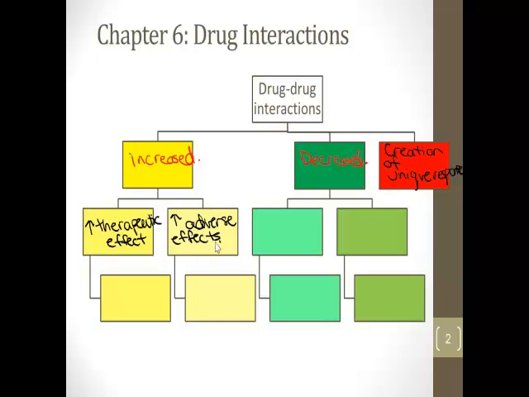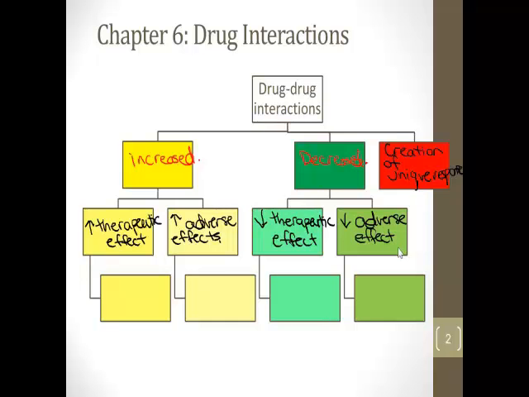All right, and you can appreciate that when the drug-drug interactions lead to a decrease in something, again it's the same thing. So it can either decrease the therapeutic effect, or it can decrease the adverse effects. So what we're going to do is look at examples of each of these.